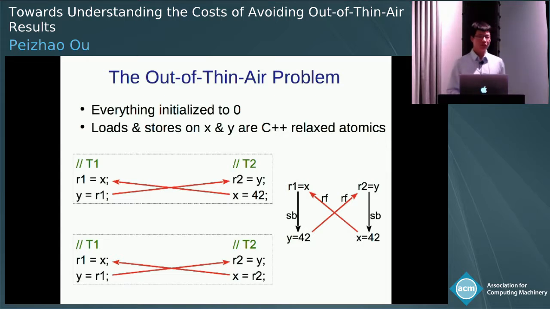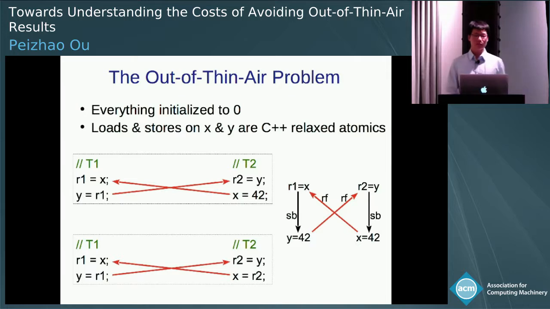This is an execution where the nodes represent memory operations, and the black edges labeled SB represent the sequenced-before relationship, which is defined by the C++ memory model to represent program order. And the red edges represent the reads-from relationship from stores to loads. Now it turns out that these two examples have the exact same sequenced-before and reads-from relationships.